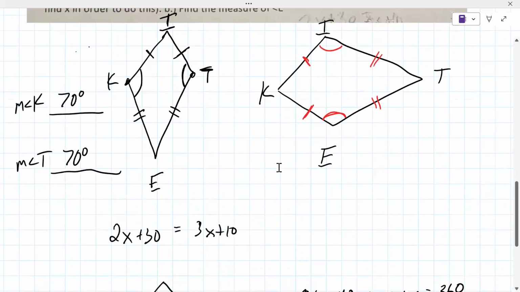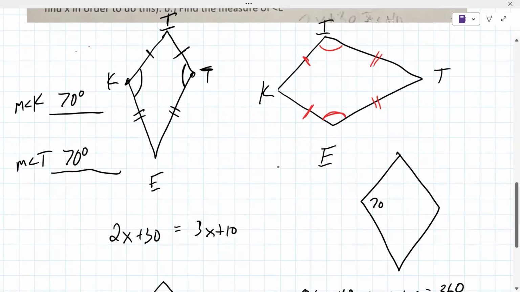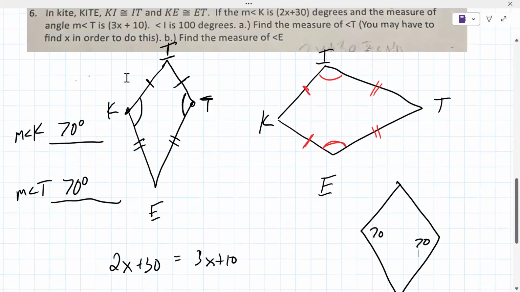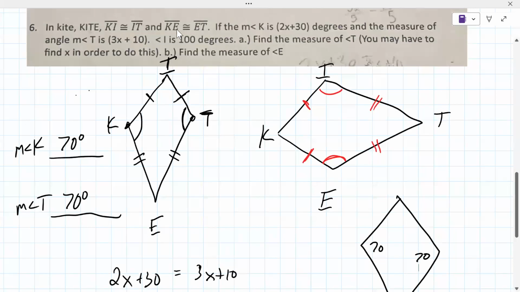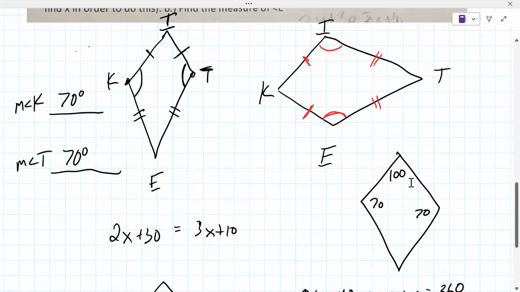So if we reset the drawing here without all the other stuff, 70, 70, and then it says in the prompt that angle I is 100. So to answer your question from earlier, when do you use 360? Now you would use 360 because you have three of the four angles.